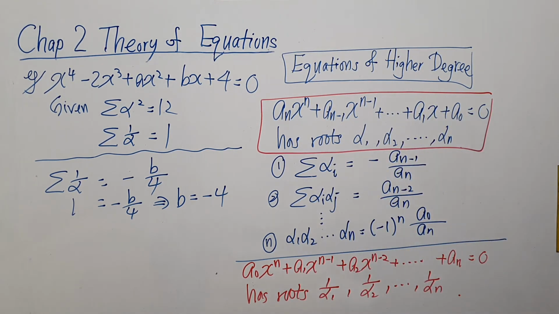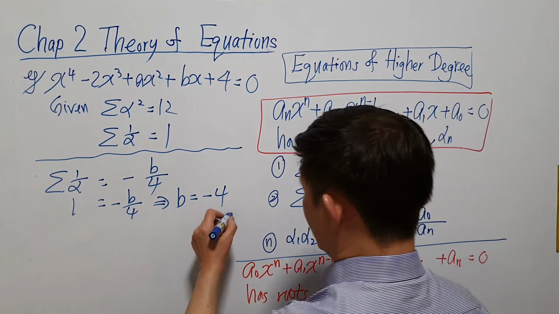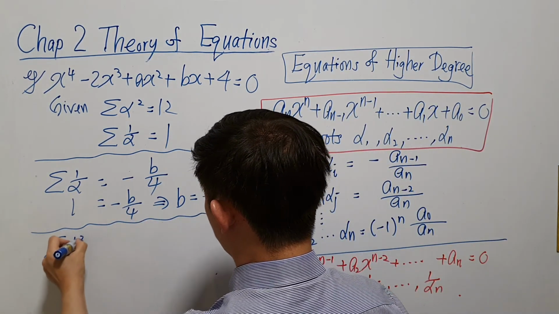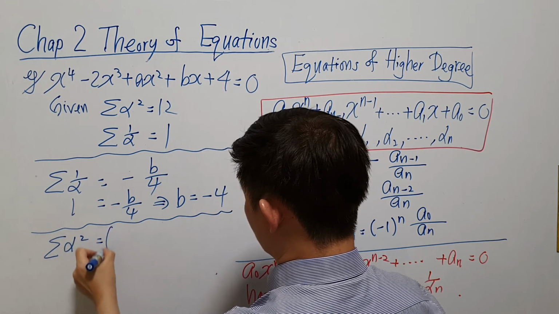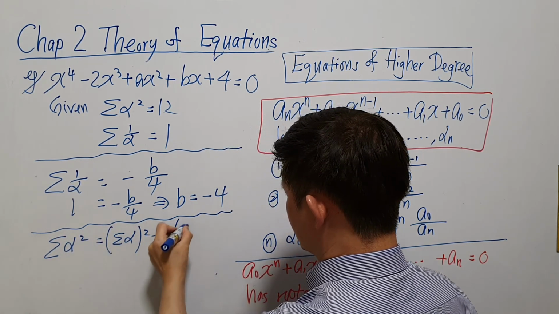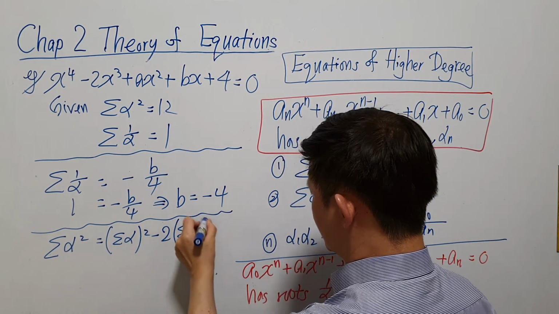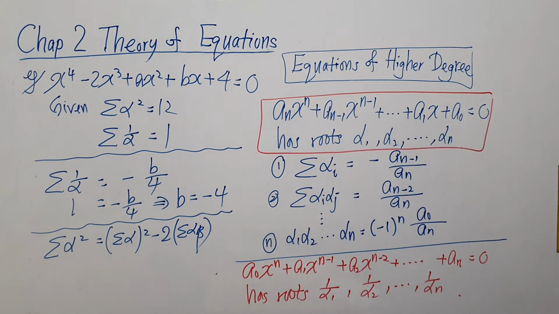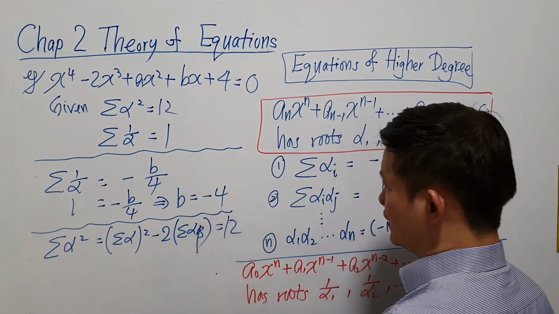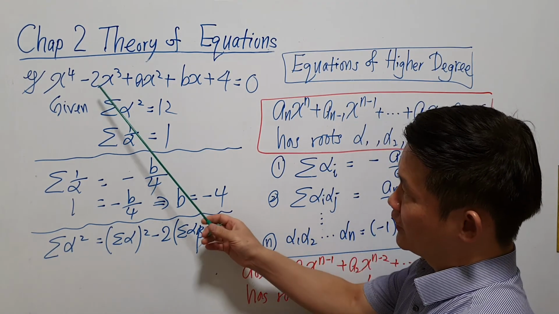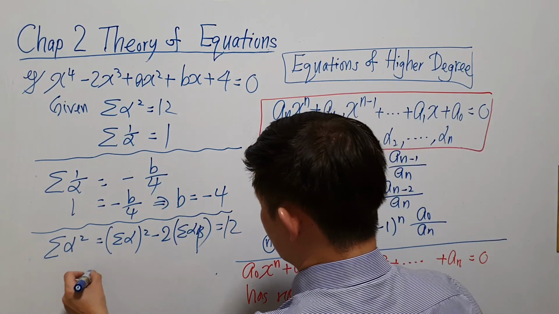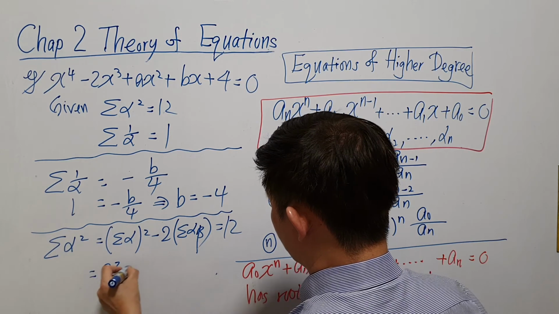And then for the summation of alpha squared, if you could recall, the summation of alpha squared is equal to the square of the summation of alpha minus 2 times the summation of alpha beta, and this we are told is equal to 12. The summation of alpha means minus of minus 2 over 1, so it becomes 2 squared.